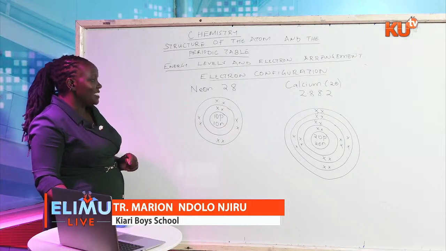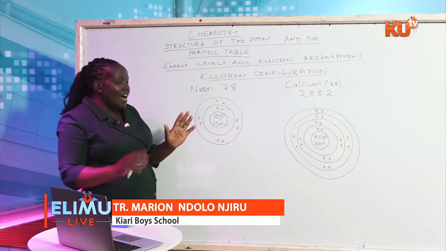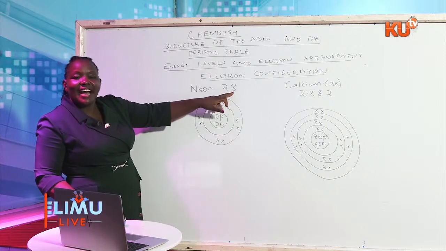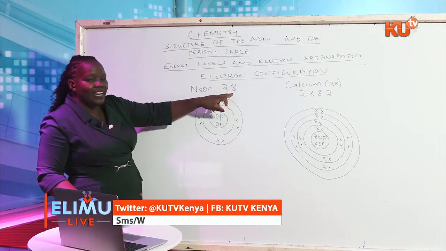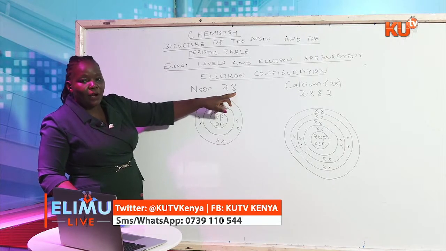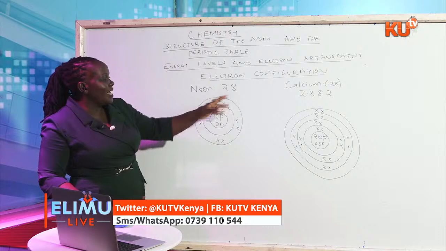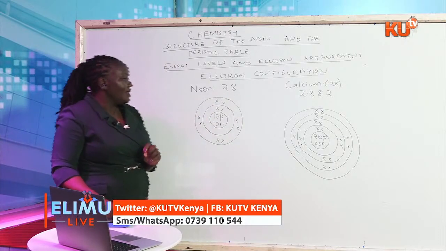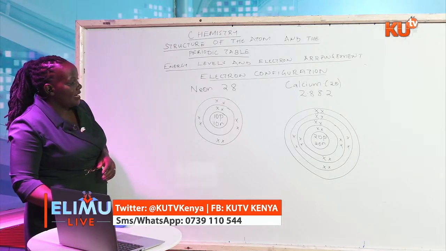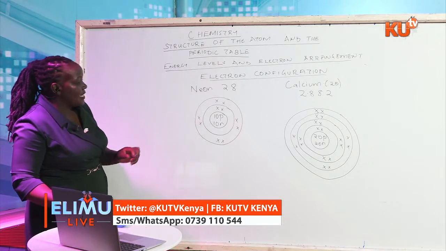What that means is that its outer energy level, which is energy level number 2, has the maximum number of electrons that the given energy level can accommodate. We are going to be looking at elements which have the outermost energy level being full in the next lesson.